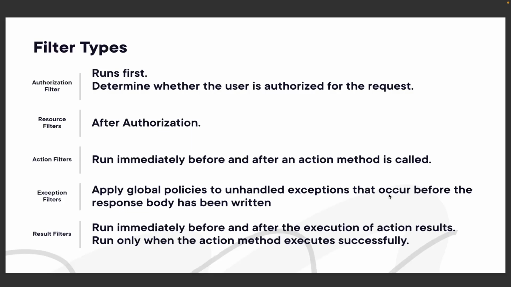And last we have the result filter. It runs immediately before and after the execution of action results. Earlier we saw action filters run before or after the action method is called. At the same time, the result filter is executed before or after the action result is executed, and the result filter runs only when the action method executes successfully.